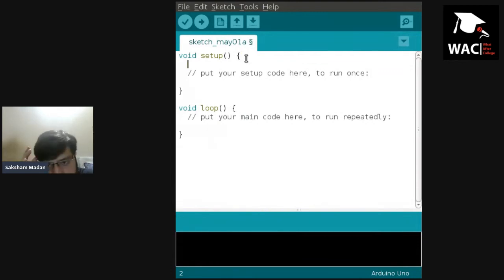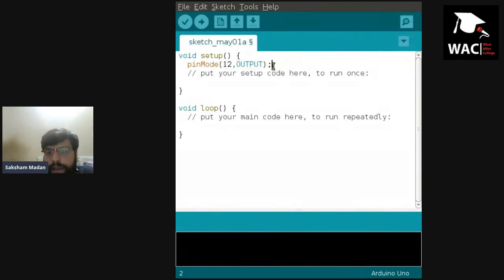To initialize a pin as an input or output, we use a function named pinMode. Let's say the 12th pin, output. Using this function, we initialize the 12th pin as an output pin.